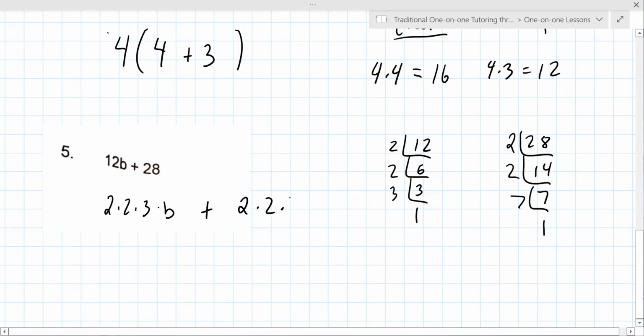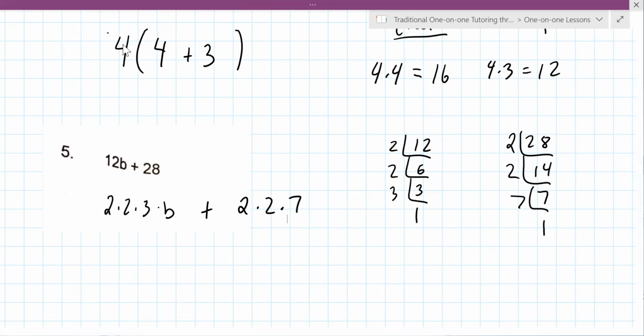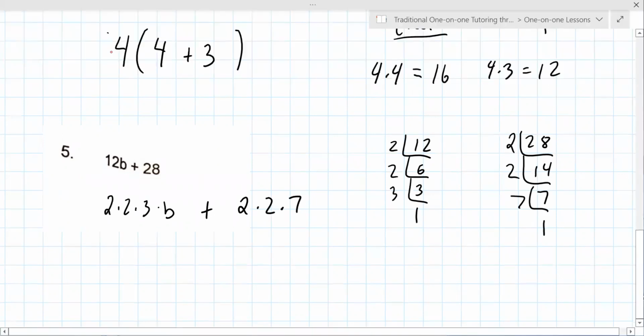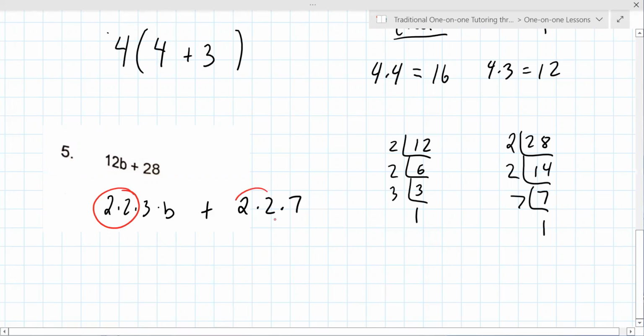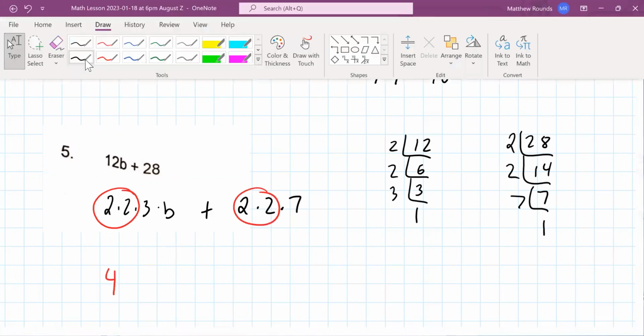Two times 2 times 7. Okay. What is the GCF? What in terms of the numbers? Hang on. 2. The greatest common factor would be 4. Right. So you write a 4 on the outside, and then you ask, well, what's left over?